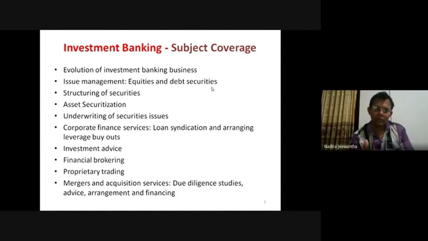In terms of pricing, a treasury bill is always at a discount. Remember the word I stressed, always a discount. Treasury bonds or debentures can be at par, at a discount, or at a premium. Treasury bill is always at a discount.